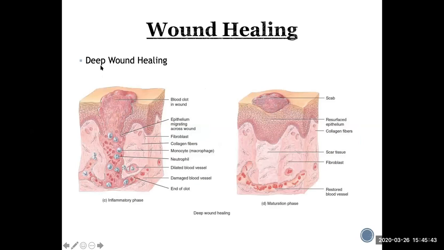But if you have a deep wound, this looks like some sort of puncture wound, this is awful. You have a puncture wound that goes through the epidermis down into the dermis, and it even severed a blood vessel here.